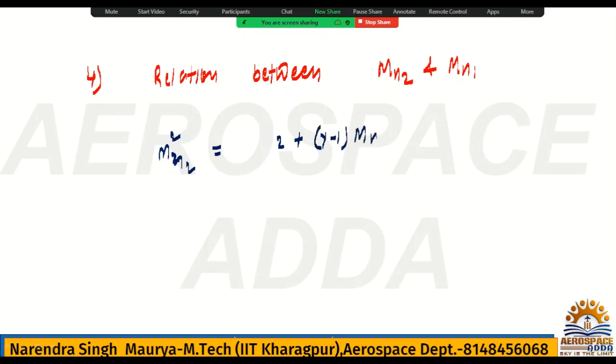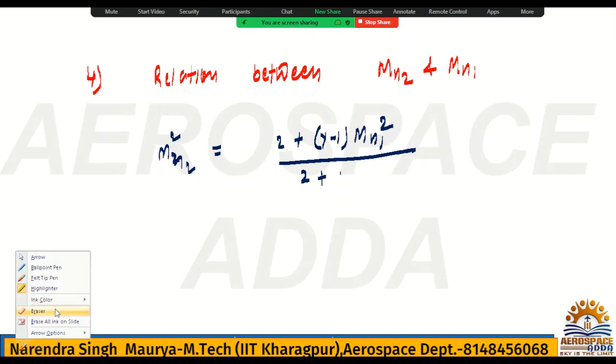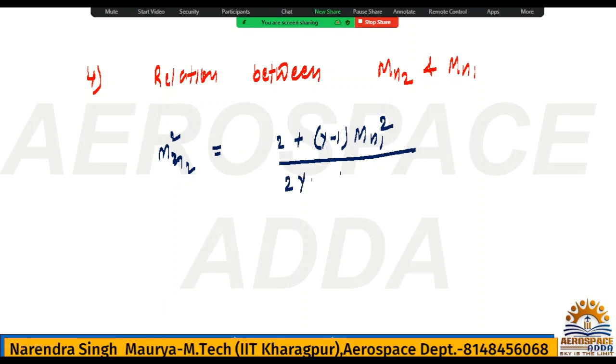So you have to write Mn1 square divided by 2 gamma M1 square minus gamma. So just recall the normal shock formula. In the same way I am writing here: in normal shock it was 2 gamma M1 square, so I am writing Mn1 square minus gamma.